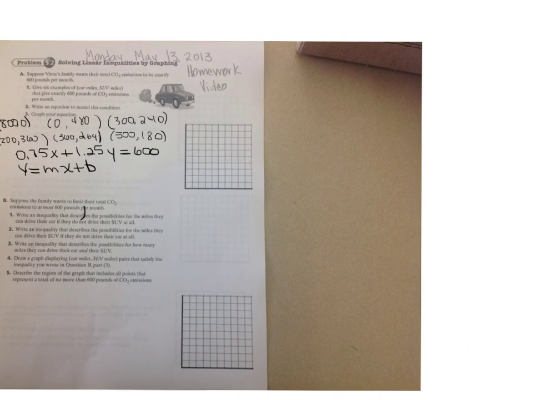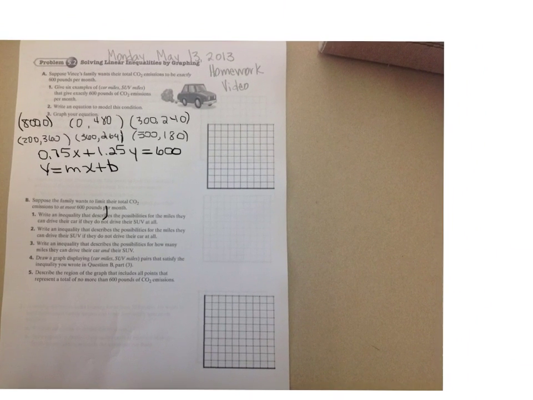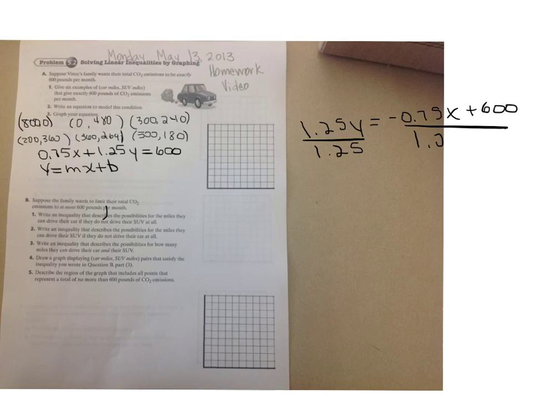Alright, I'm going to solve for y over here and then we'll graph it together. To solve for y first, we have to get 1 25/100 y is equal to negative 7/500 x plus 600. Then of course we need to divide by 1 25/100.